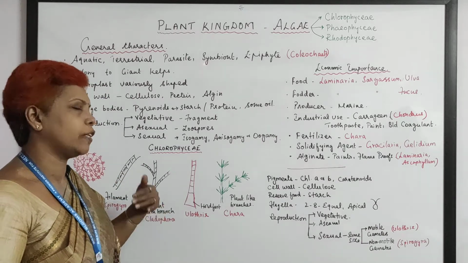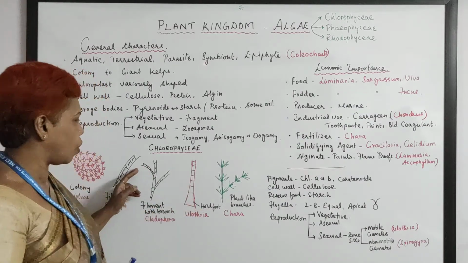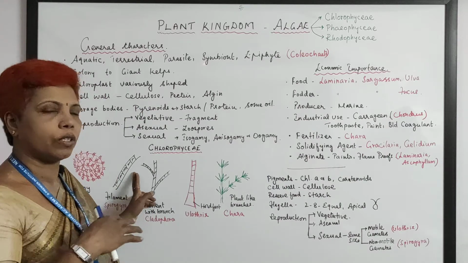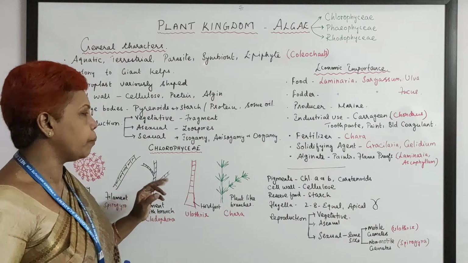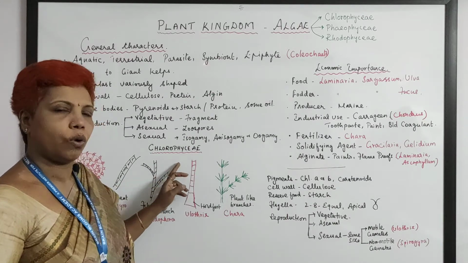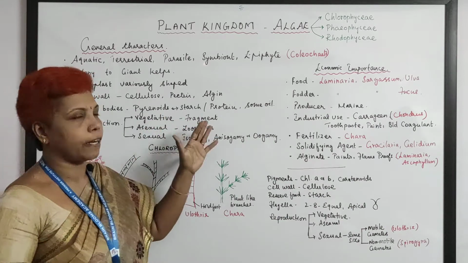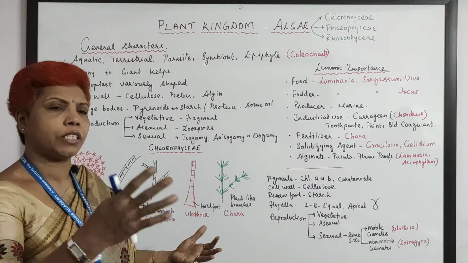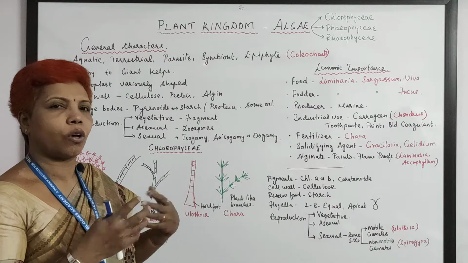Then when you go to the next stage, it is evolved further. In Ulothrix you can see these are all just moving on the water current. Whether it is in the marine environment or in freshwater, they just float. But when you talk about Ulothrix, it is an evolution, because this whole category doesn't have a vascular bundle, so it will be just floating, taking water by diffusion or osmosis.